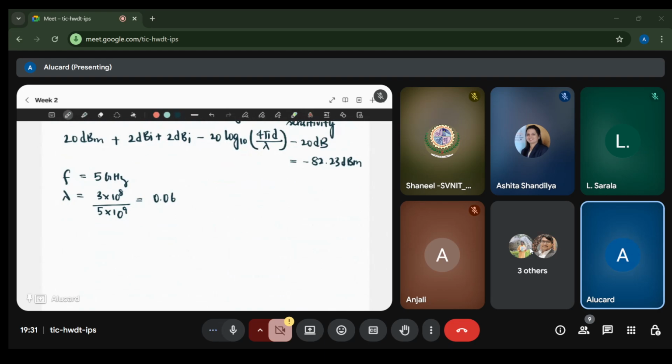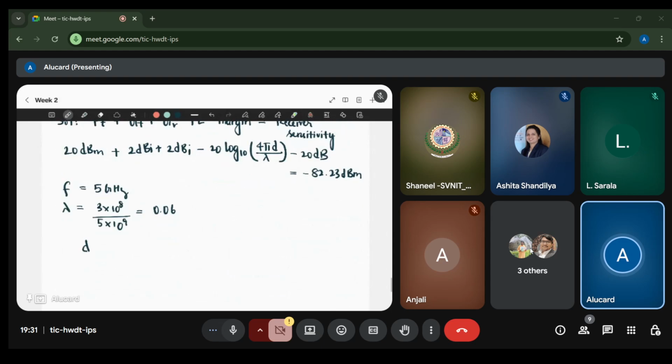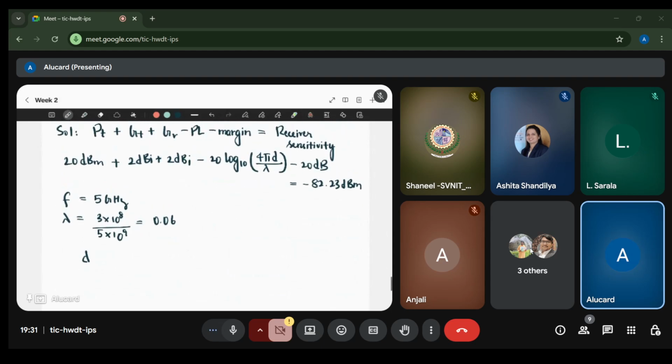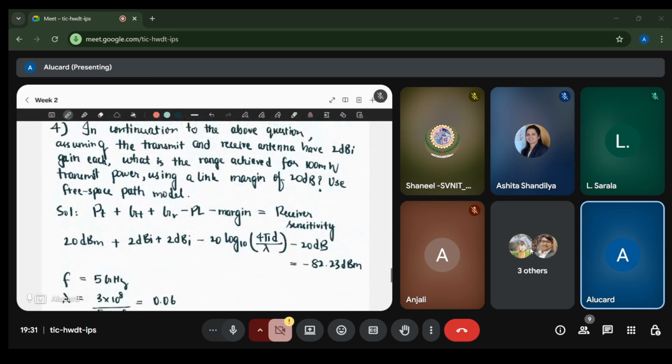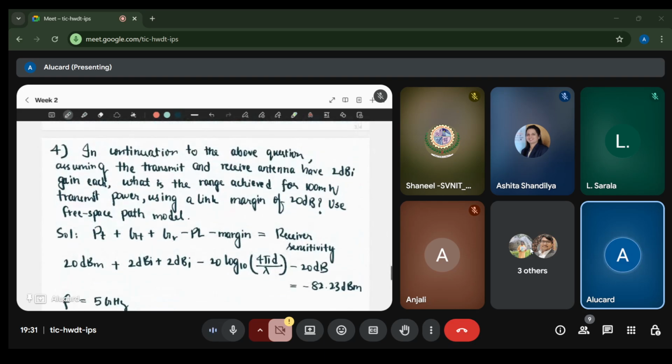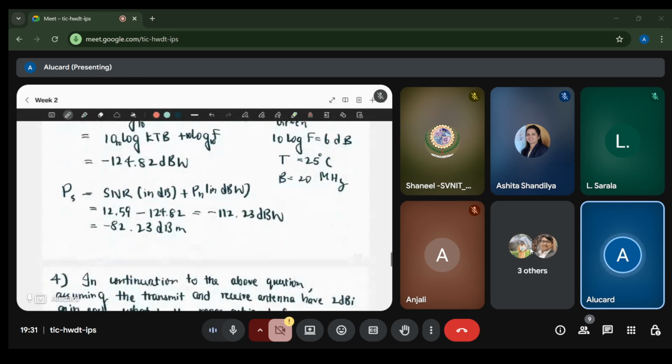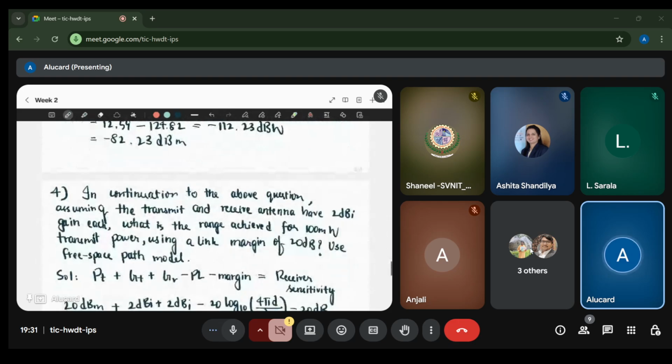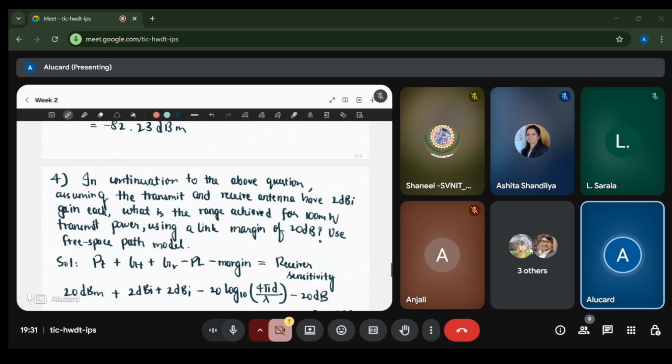And here the unknown quantity is D. You know everything else. So D will turn out to be 97.82 meters. So what this means is that in the above situation, if you want receiver sensitivity to be minus 82.23 dBm, you're transmitting at 100 milliwatts.